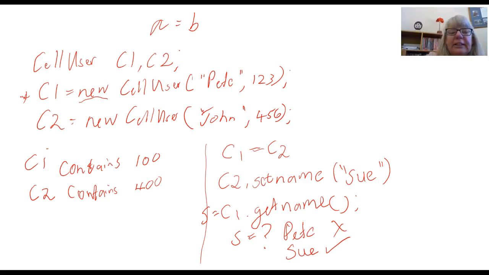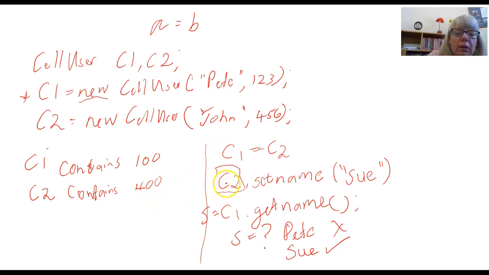And the answer is the definition of shallow copy. What happens when you read this line here, or this one? All of them work the same. You tell the computer, go to a specific memory position, go to the position stored in C2. Before we did this line, it would be 400.